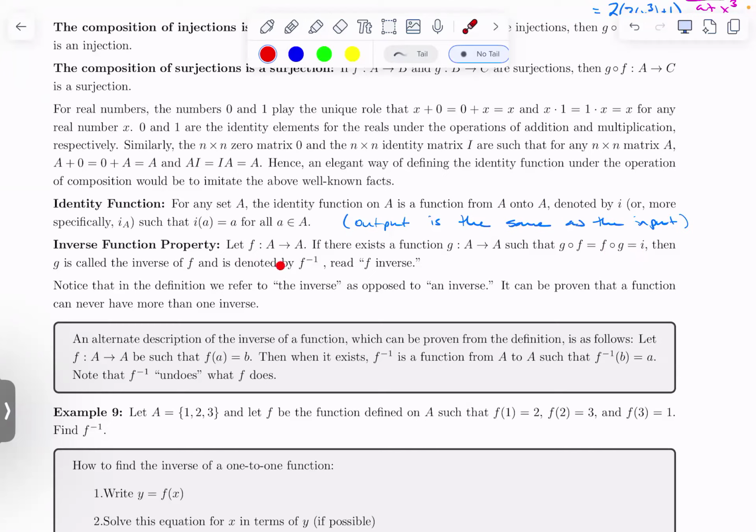And it's denoted by f to the power of -1, or you read it as f inverse. We're going to call it the inverse because there's only one inverse. Can never have more than one inverse.